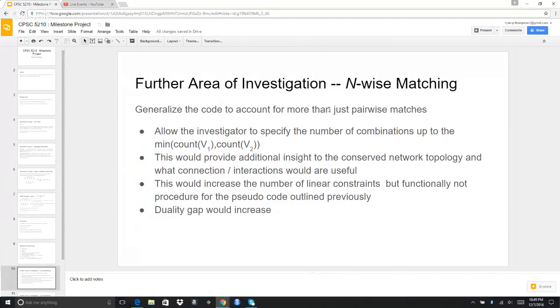But it would again give you the ability to potentially ask, are longer chains conserved or are shorter chains conserved in the conserved network topology? I think it would be interesting to note if there truly is a difference, and if long or short chains are conserved or broken when the stimulus is applied.